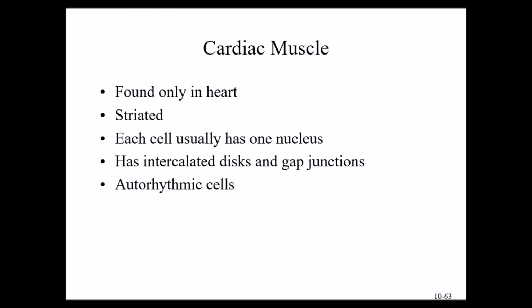And then they also are autorhythmic cells. They are basically like pacemaker cells. You have a certain type of cardiac muscle cells in the heart that create an autorhythmic action potential. It regulates itself, and that helps to keep the heart beating in time.